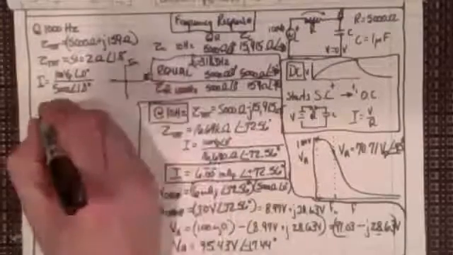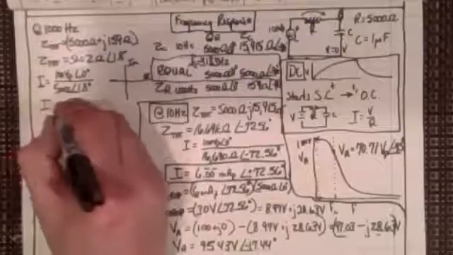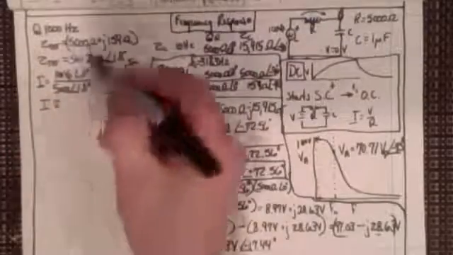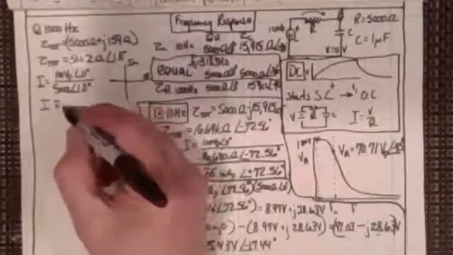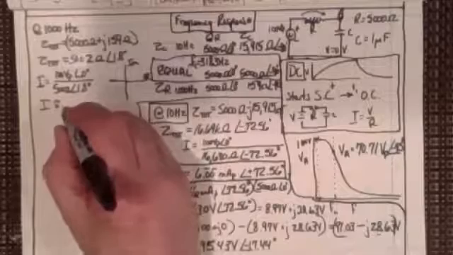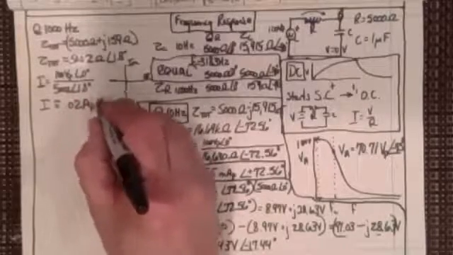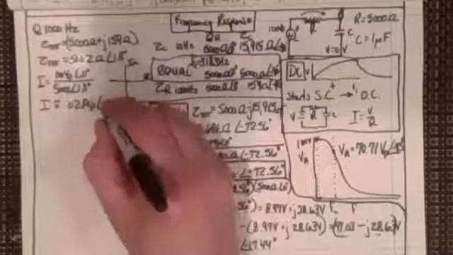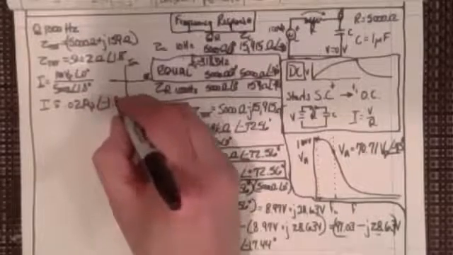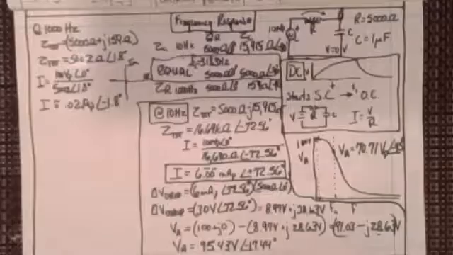So I'm going to say I approximately equals, because the difference between 5,002 and 5,000 is almost nothing, 0.02 amps peak at an angle of minus 1.8 degrees, right?